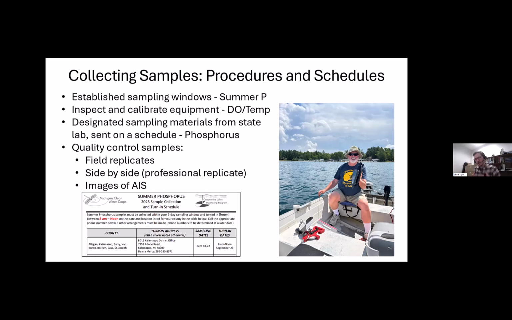Those get sent to us, where then of the whole population of those samples, 10% or so get analyzed, and then we compare them to each other. And so those are field replicates, where that phosphorus and that chlorophyll is collected at the same point in space and time, and they should be relatively similar. And we look at that to maintain quality.